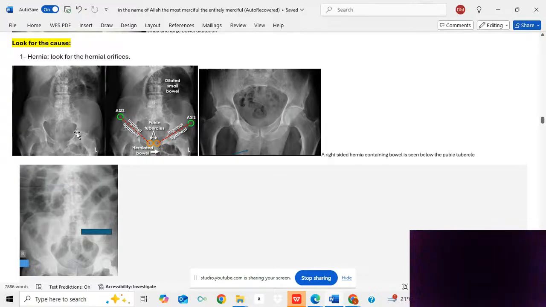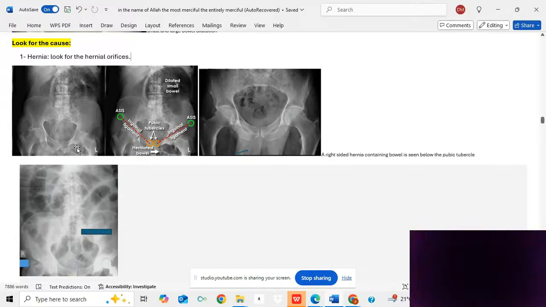If any bowel loop is seen traversing this line, this bowel loop is herniating through the inguinal ligament. So can you see this bowel loop which traverses this line and is seen here?